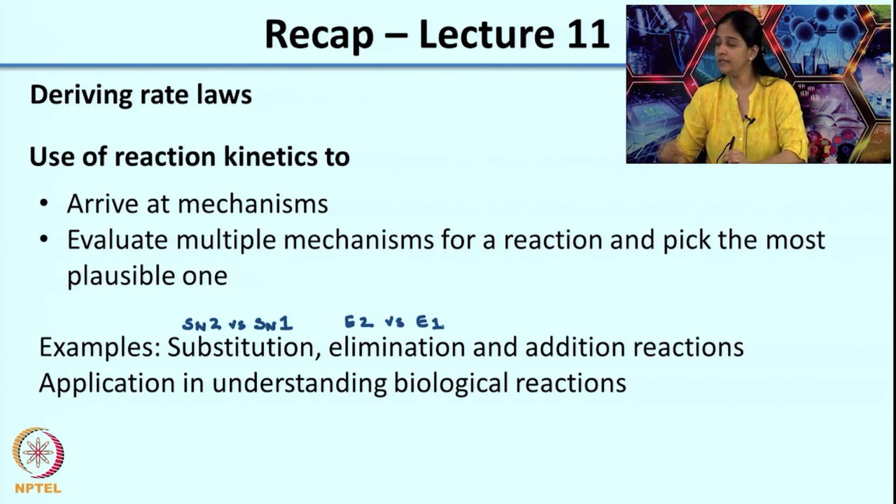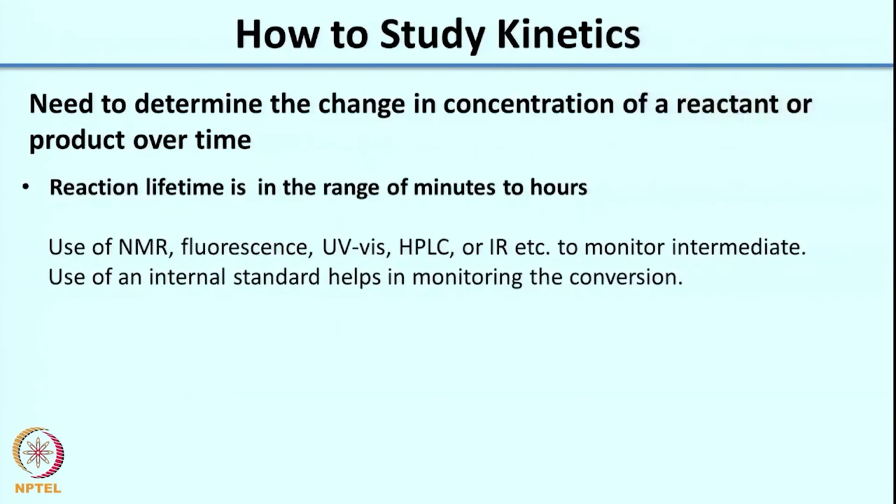So, now the question is, if I am doing the experiment, what I would need to do for any kind of kinetics analysis is I would like to measure the concentration of any one species, either the reactant or the product over time. I say reactant or product because they are more stable as compared to intermediates.